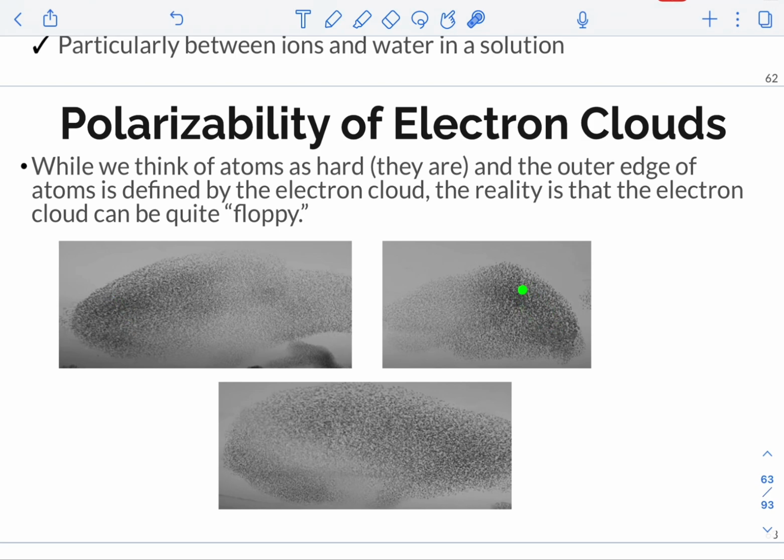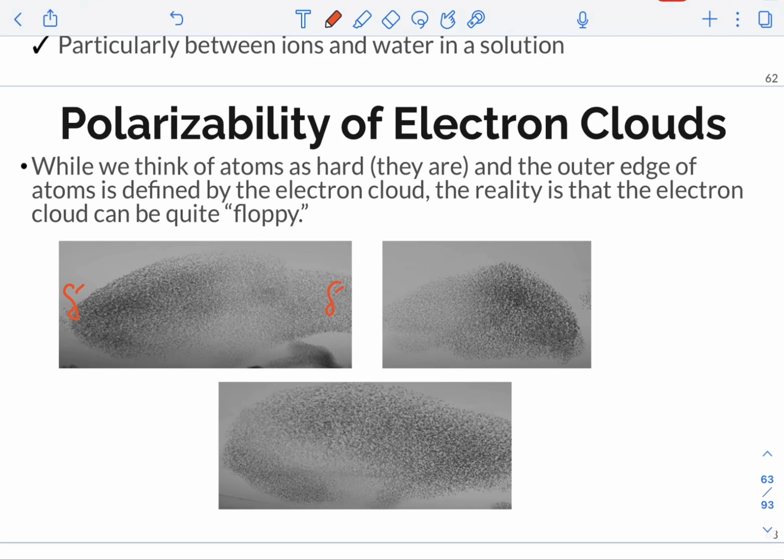And this is another one. You can see that they're going to be more dense in one area and then more dense over here, okay? So the polarizability of electron clouds is where LDF comes from. When they are in this type of picture, these electrons are going to have our slightly negative charge. That's the symbol for slightly negative.